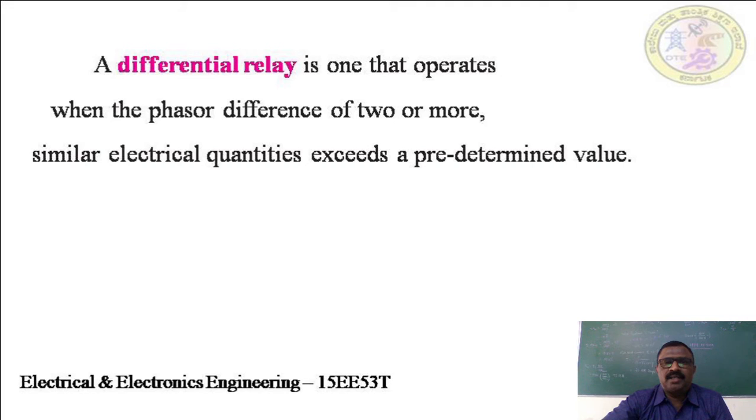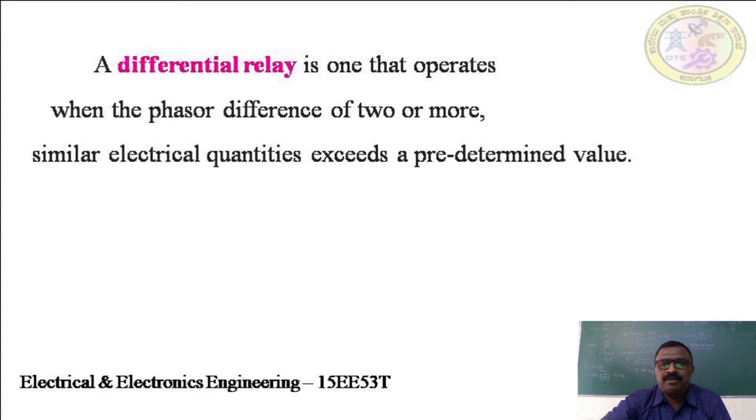A differential relay is one that operates when the phasor difference of two or more similar electrical quantities exceeds a predetermined value. So the differential relay operates when the phasor difference of two or more of the same electrical quantities exceeds the preset value.